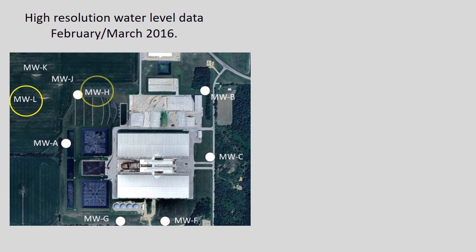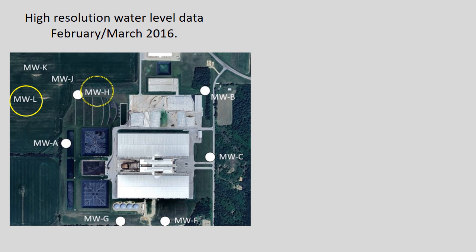So we wanted to look for further evidence. What we did was we installed a number of data loggers to get high resolution groundwater level monitoring, so that we could see if there was mounding going on due to the flooding in the VTA affecting MWH. And we compare that to MWL.